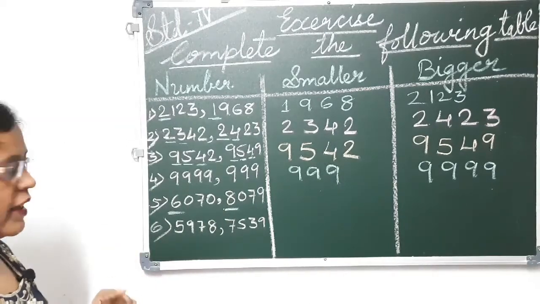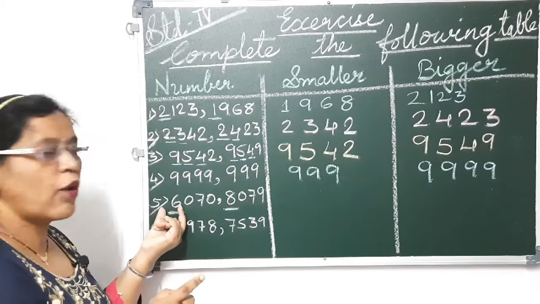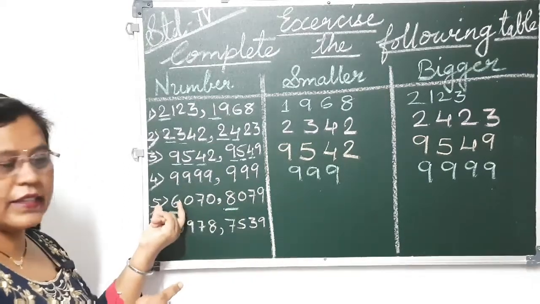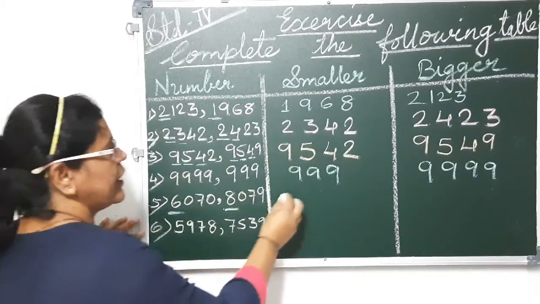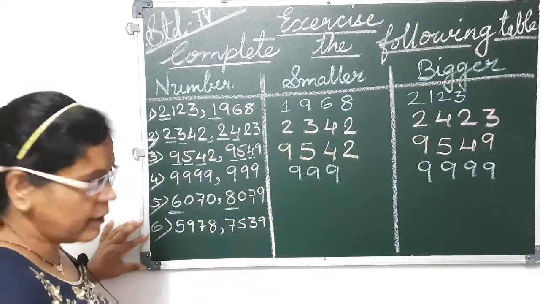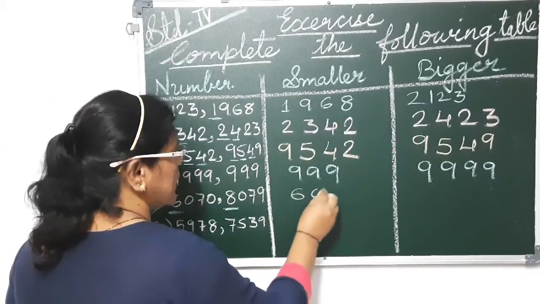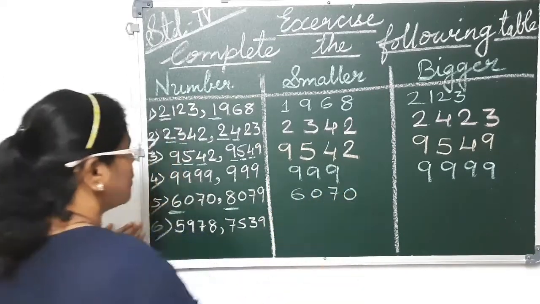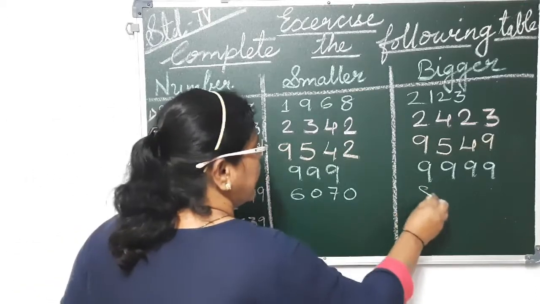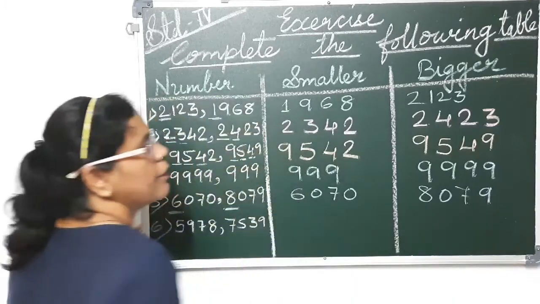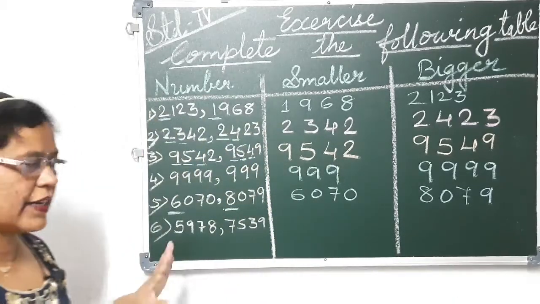Which is the smaller and which is the greater number? 6 is a smaller number than 8. 8 is a bigger number than 6. So 6070 is a smaller number and 8079 is a bigger number.